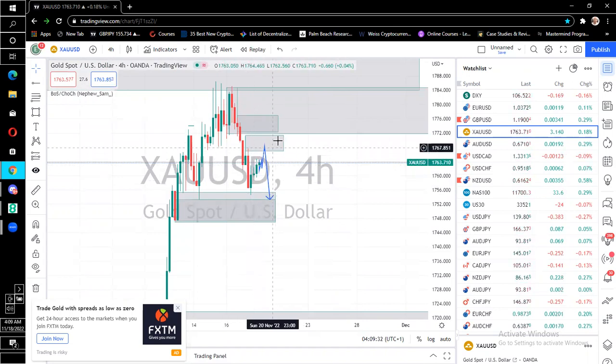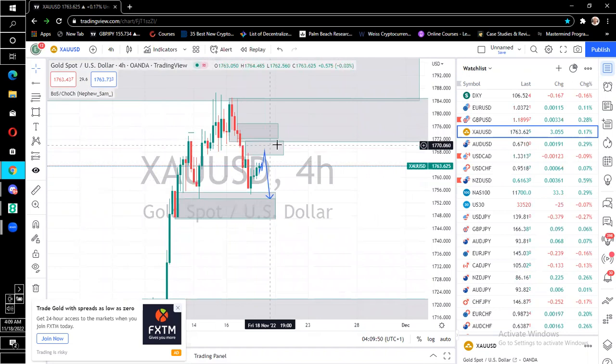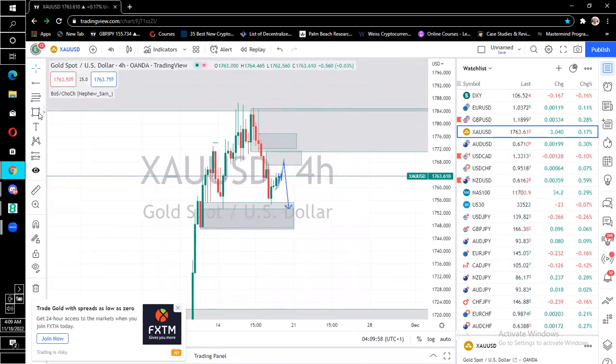There's no fair value gap here, so it needs to return back to the OB. So in worst case scenario, we'll have this pullback to the OB. Here, then we'll grab it down.